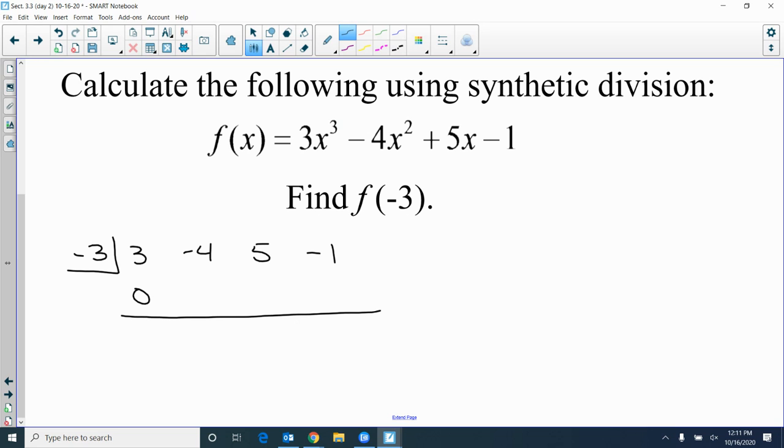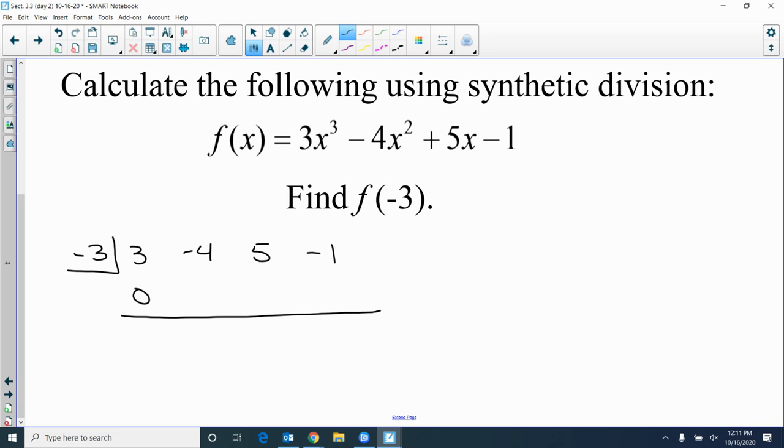All right, see what you get. There's some big numbers here. That's negative -3.